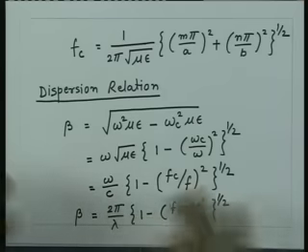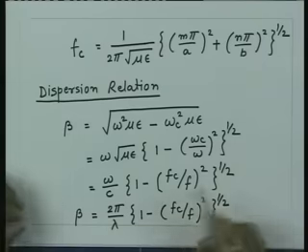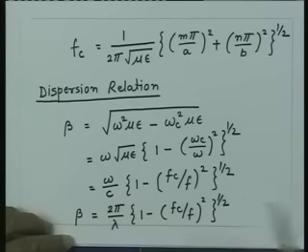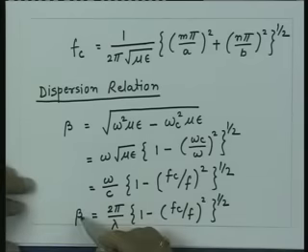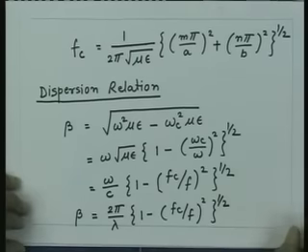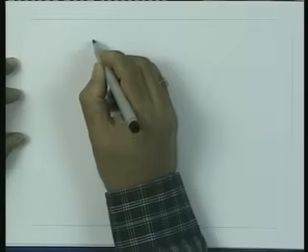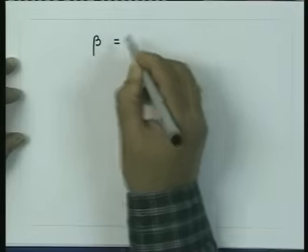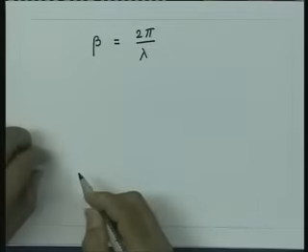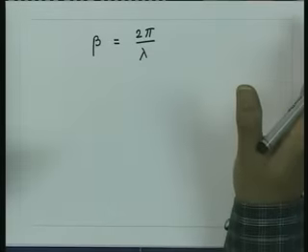However, if I take a structure like a waveguide, certainly I am not going to measure this lambda anywhere. What we are going to measure is this phase constant or an equivalent wavelength which will be related to this beta, the phase constant. So, we know by definition that beta is 2 pi divided by wavelength, but this wavelength now is not the wavelength in an unbound medium.